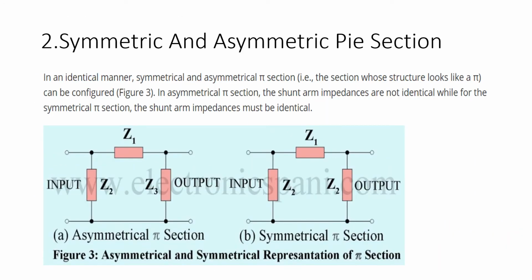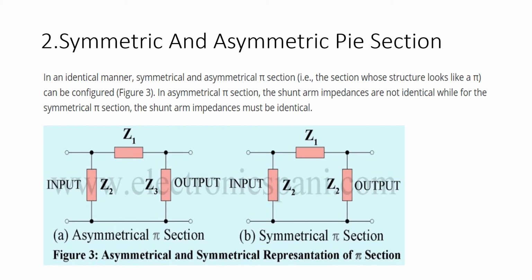Symmetrical and asymmetrical pi section. In an identical manner, symmetrical and asymmetrical pi section means the section whose structure looks like a pi can be configured in this figure. In an asymmetrical pi section, the shunt arm impedances are not identical, while for the symmetrical pi section, the shunt arm impedances must be identical.